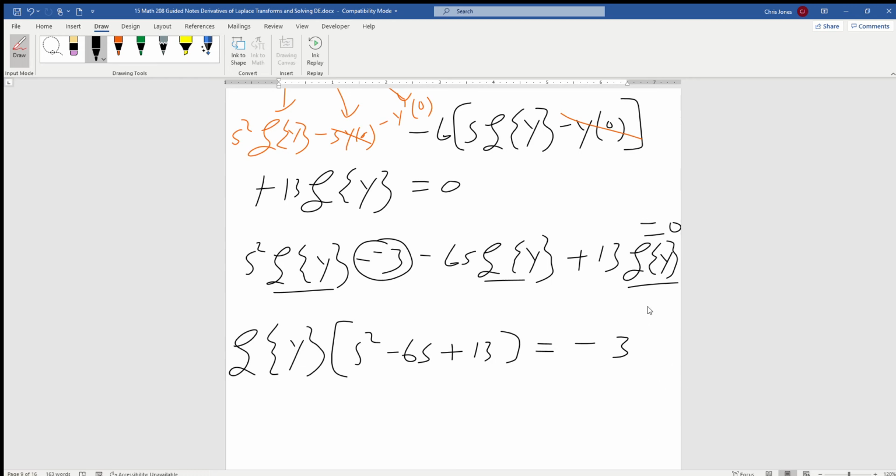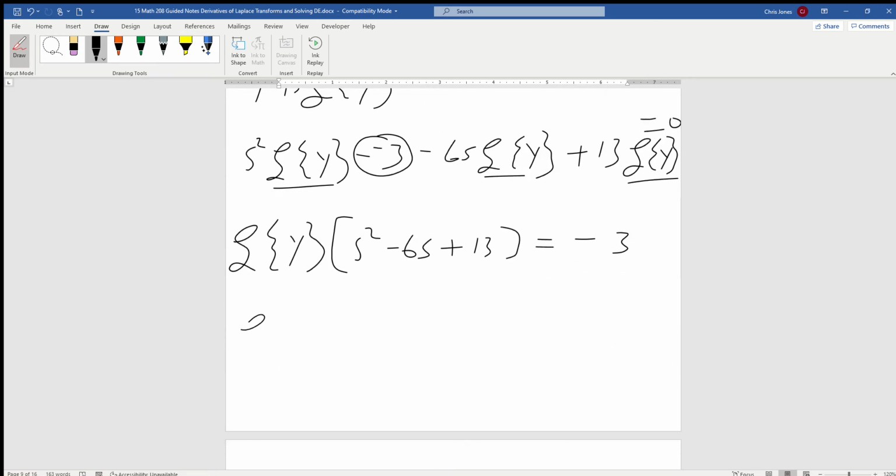Right? And then finally what we can do is we can divide. And so our Laplace of y is going to be equal to negative 3 over s squared minus 6s plus 13.